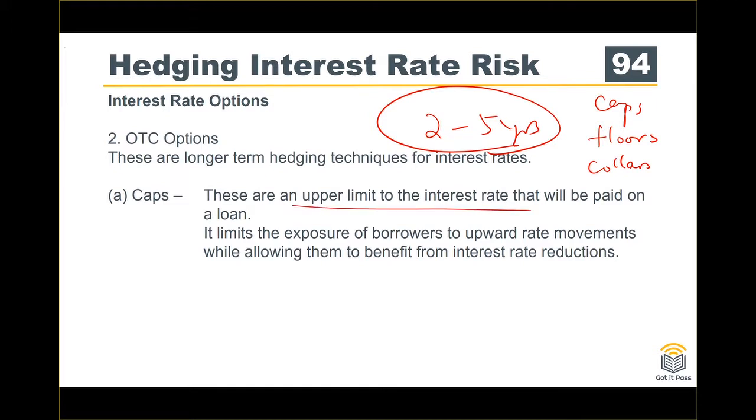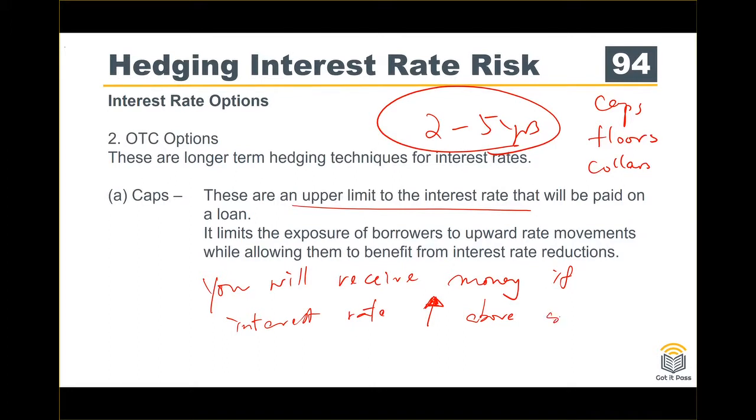So an interest rate cap means you will receive money if the interest rate is going up, above your specific rate.